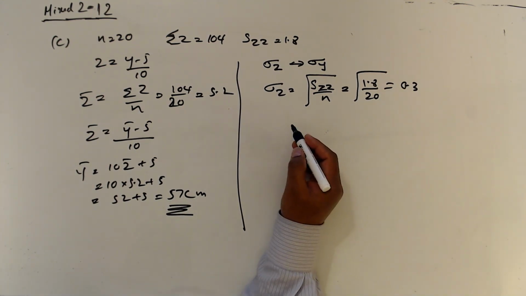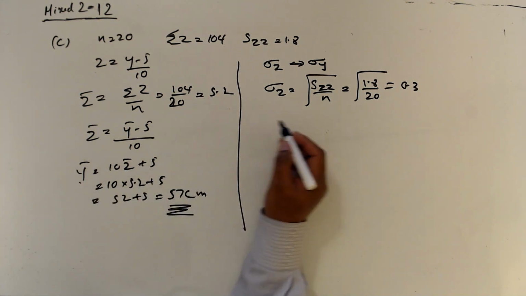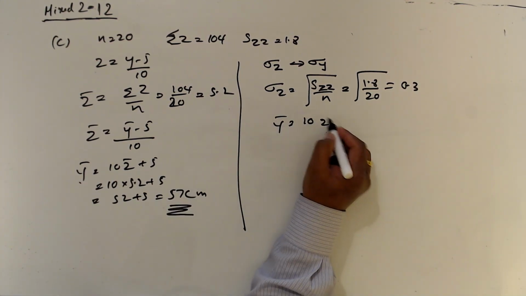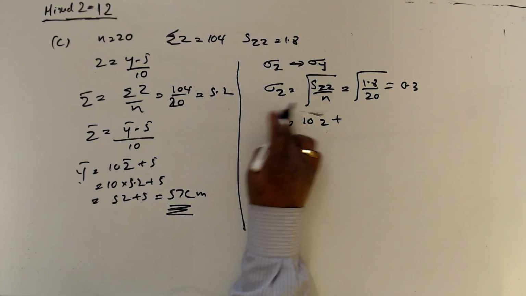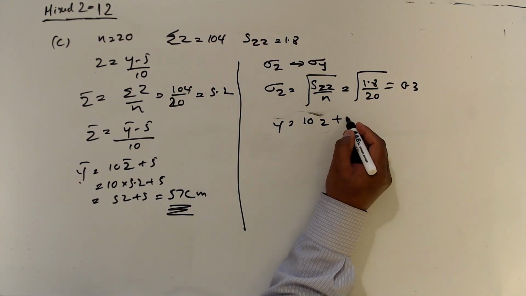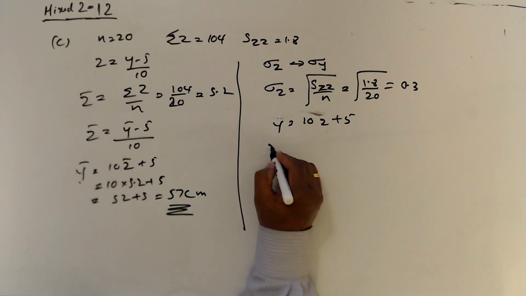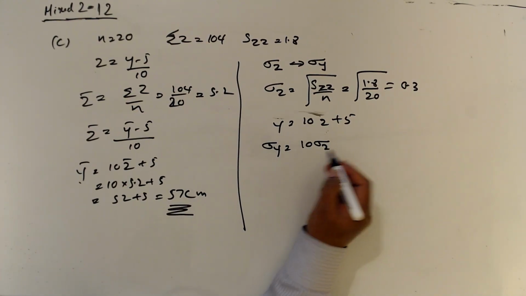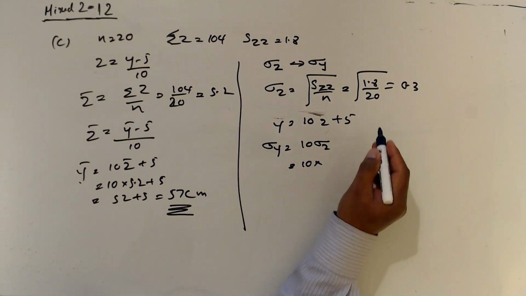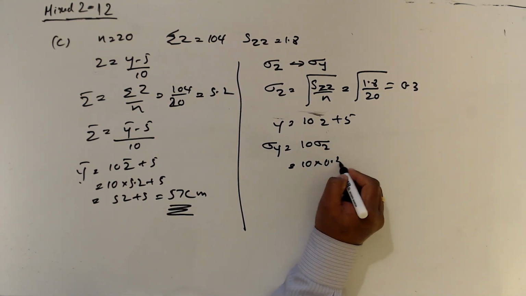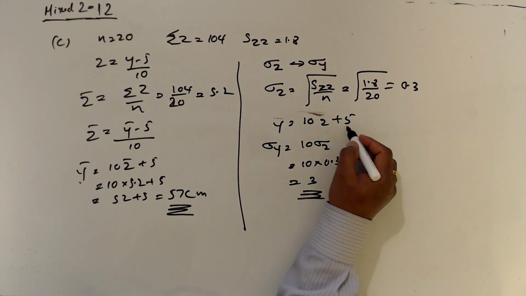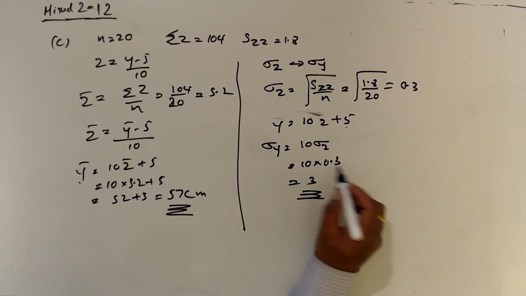Then y equals 10 times z plus 5. Then sigma y equals 10 times sigma z. So 10 times sigma z, 0.3, is 3. The 5, the constant, we don't consider.